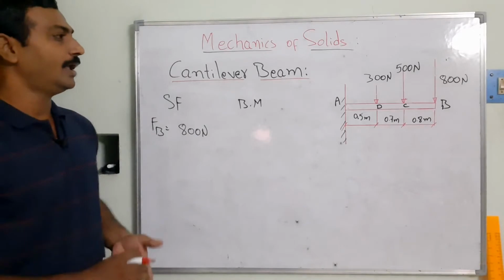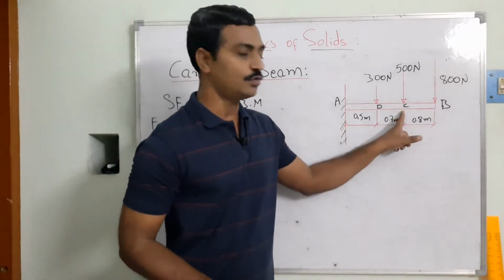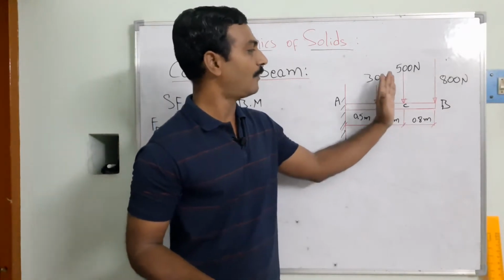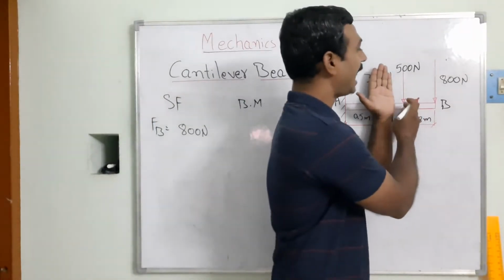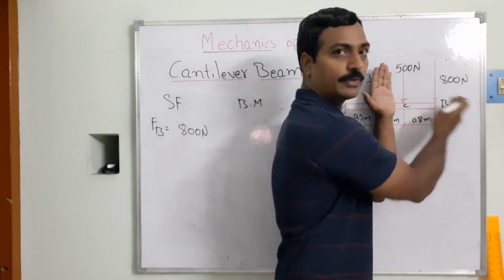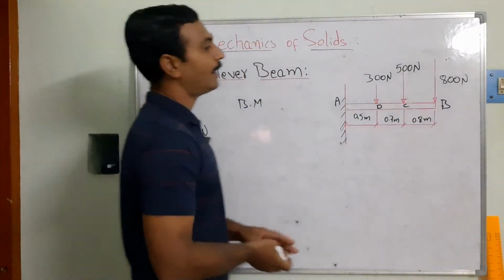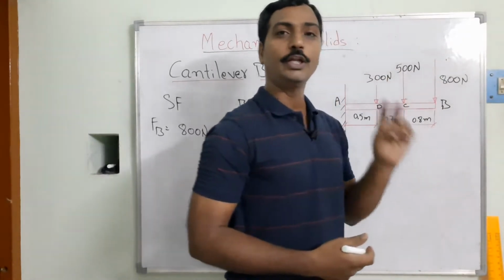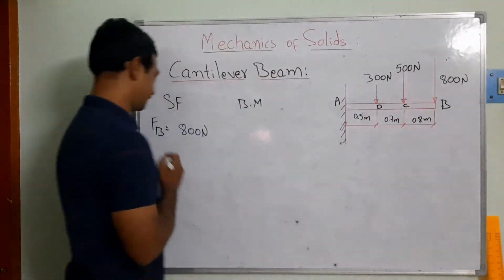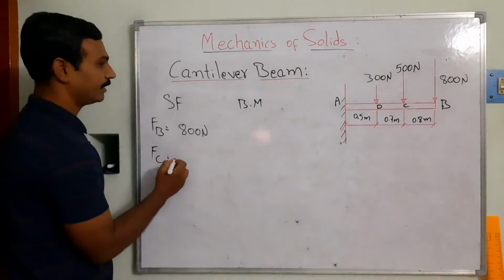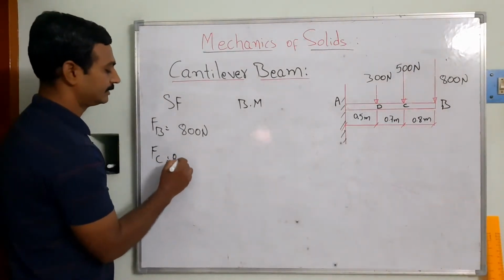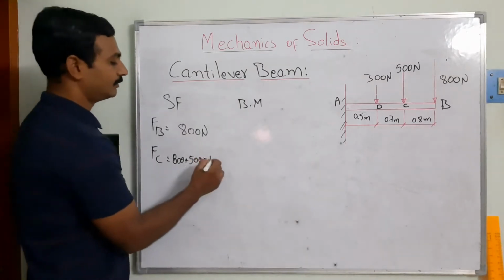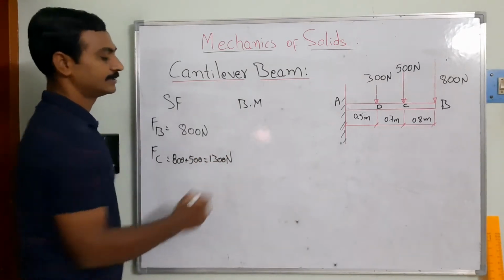Right? And similarly at the point C, which is located at some distance we do know. How many forces do we have? When I consider the point C, I can consider only the right side portion of the beam. So how many forces do we have here? At the point C, one force, and on the right side another force is there. Totally two forces have to be considered. So the force at C is equal to 800 plus 500, that is equal to 1300 newtons.